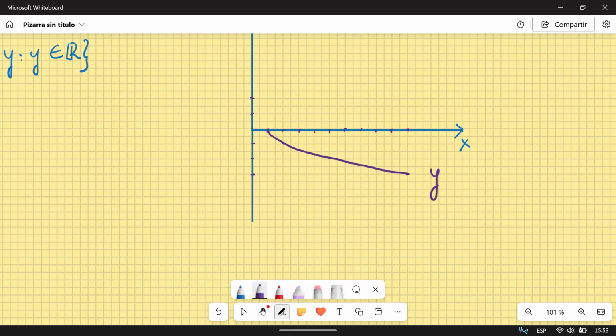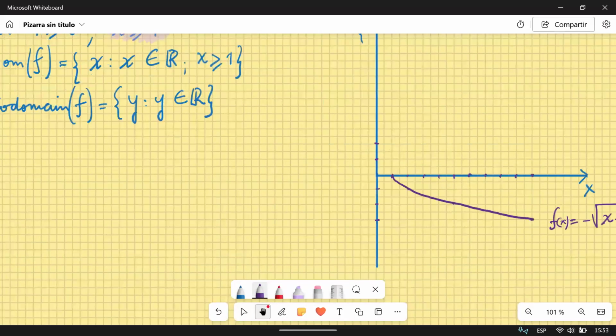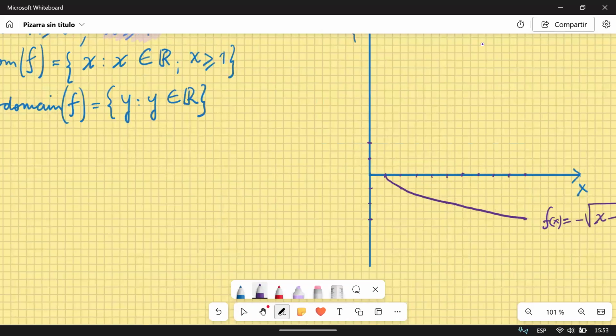So y equals, I could write f of x equals negative root of x minus 1. Clear?